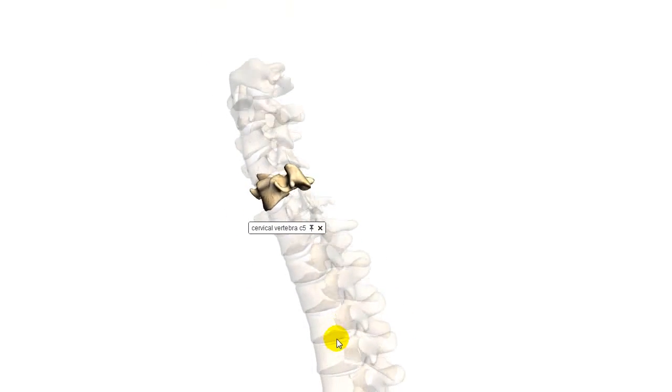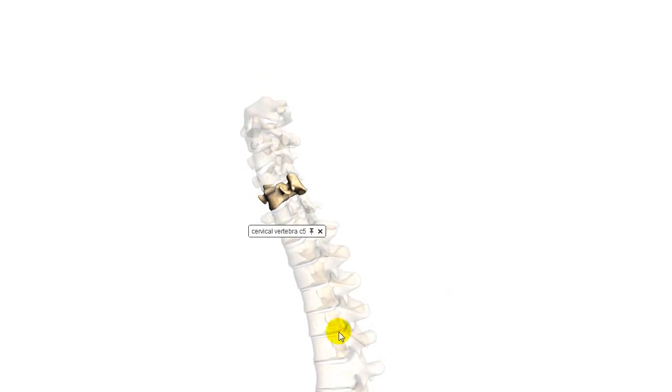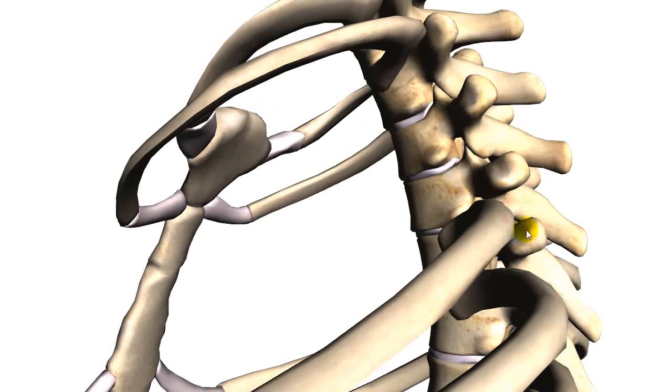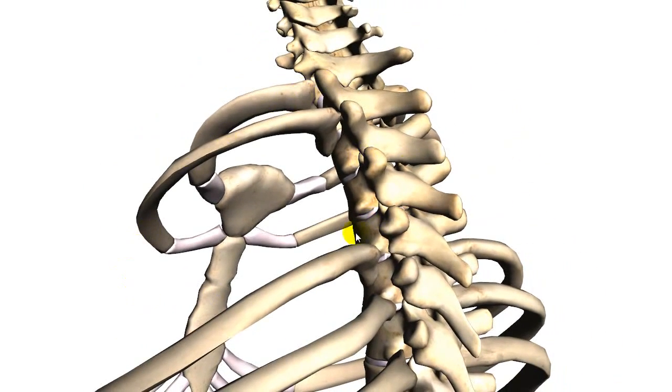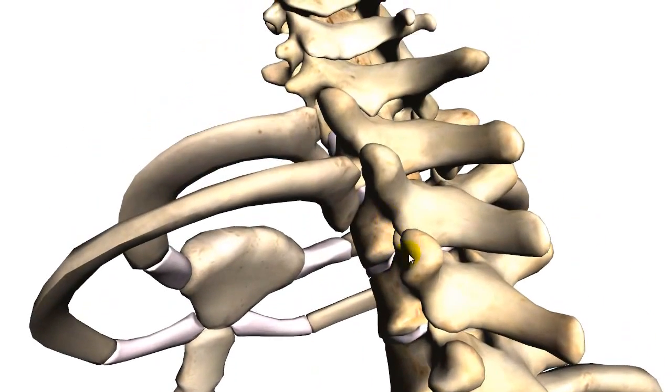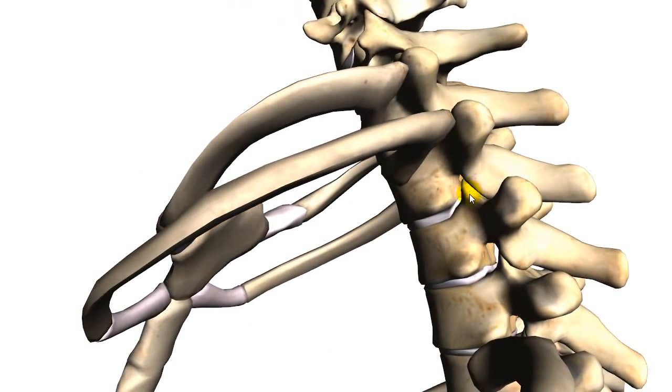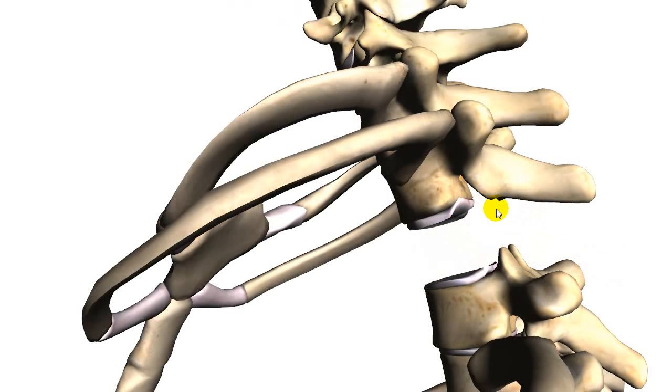Okay, so let's take a look at the thoracic vertebra articulating with the ribs here. I've removed 2 ribs so you can see how this all works.